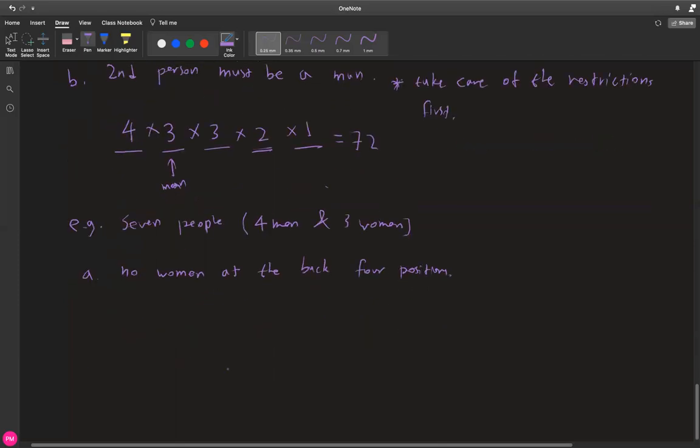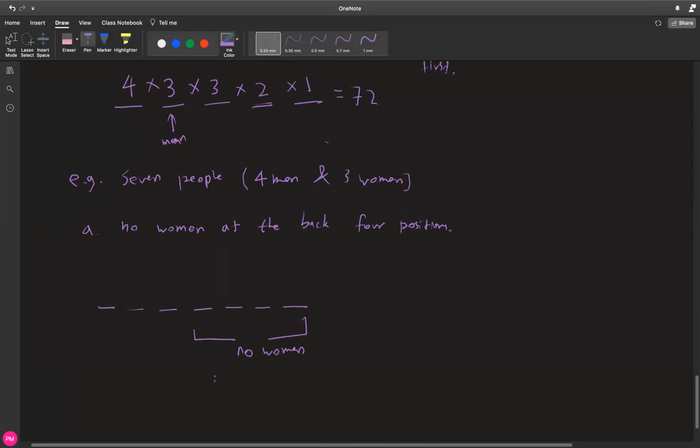So in other words, we have 1, 2, 3, 4, 5, 6, 7 people to line up, but in the back 4 positions, no woman, or in other words, just men in this case.